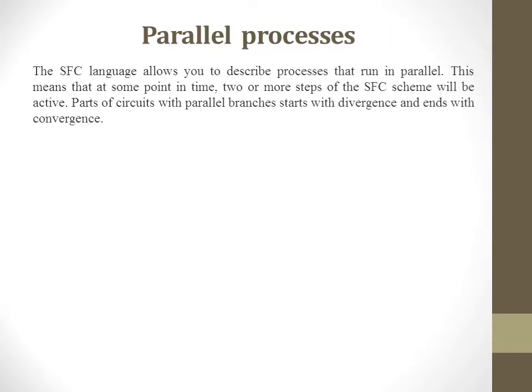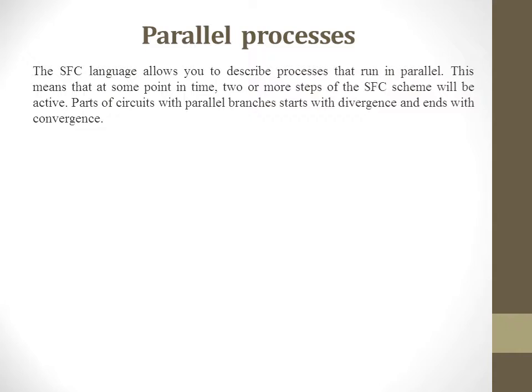So, parallel processes. As we said, the SFC language allows you to describe processes that run in parallel. This means that at some point in time, two or more steps of the SFC schema will be active.